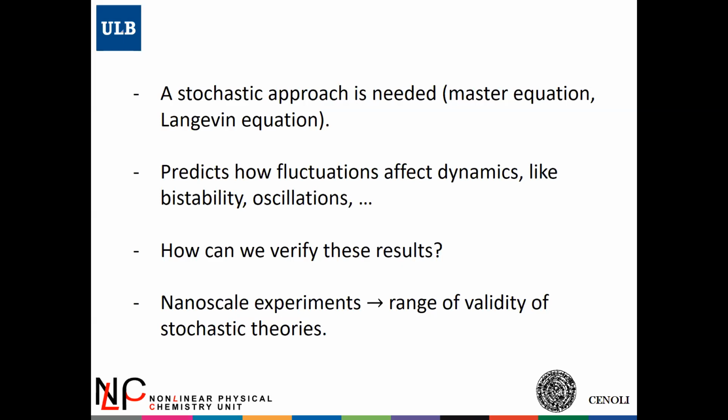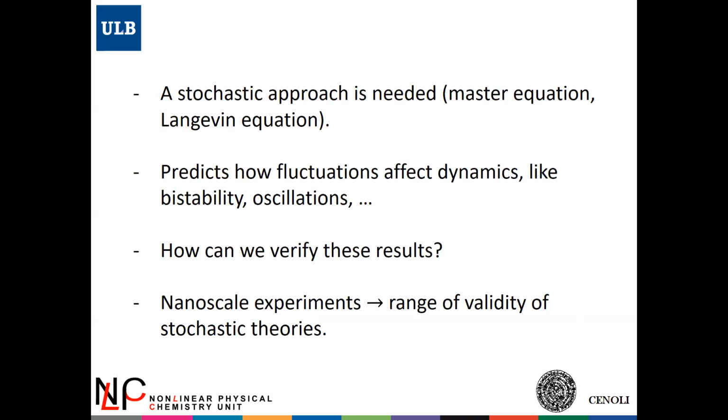Contrary to the macroscopic case, there are not so many experimental verifications of the predictions of the stochastic approaches. The whole point of the project I'm going to talk about today is to have some sort of experimental validation of the predictions of stochastic theories in the case of reactions.